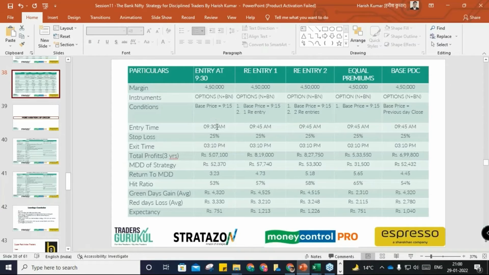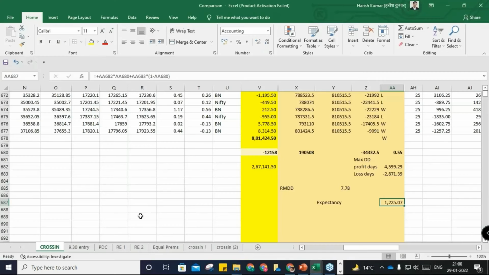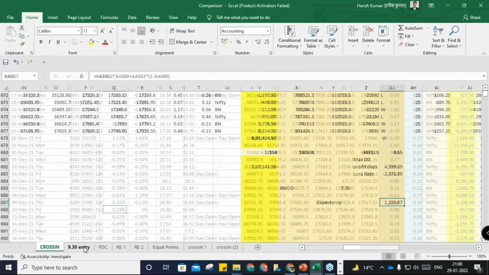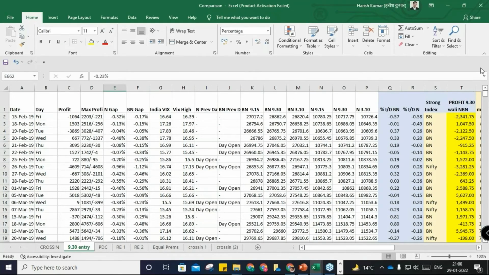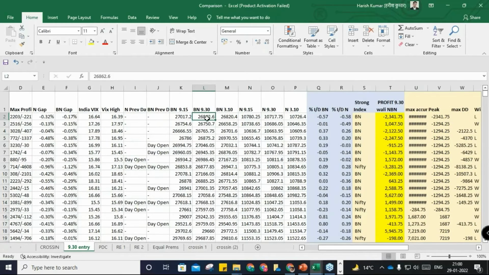Now the second one, 930 entry. What if I take the entry at 930? Everything is same, but I'm taking the entry at 930, and on the basis of this price, your strikes will be different. It may or may not be, but it can.